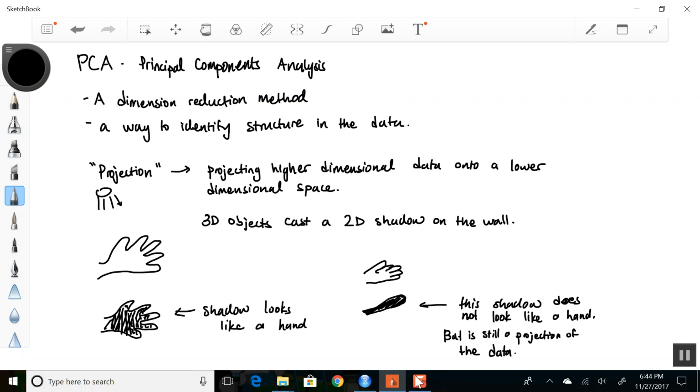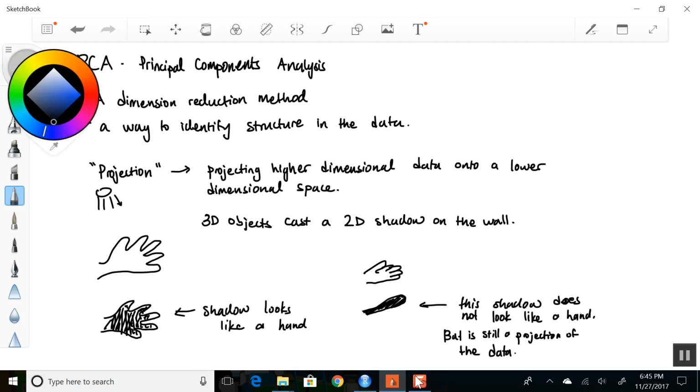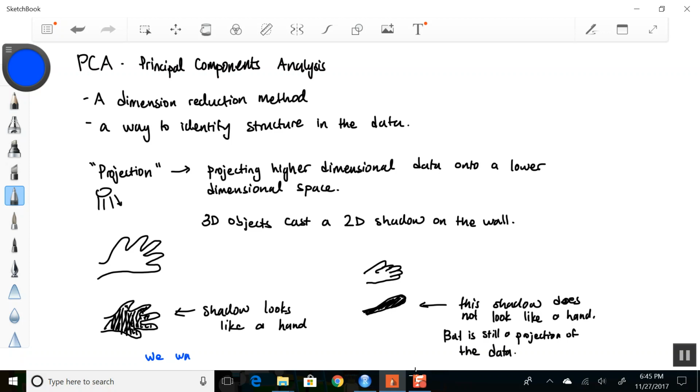And so PCA is the idea of, okay, we want to project our high dimensional data onto something of lower dimensions, and we want to preserve the structure, or the interesting features. We want this shadow, we don't want this, right? That's basically what we are going for. We want this, not this.